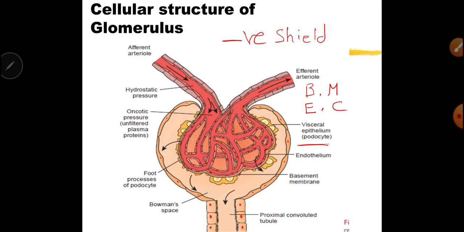This negative shield will preserve negatively charged proteins like albumin and prevent their filtration, even though they are small in size. So this special structure of the glomerulus will prevent the filtration of proteins and large cells, but at the same time it will allow most of the soluble solutes to be filtrated into the Bowman's capsule and Bowman's space for the function of filtration in the kidney.